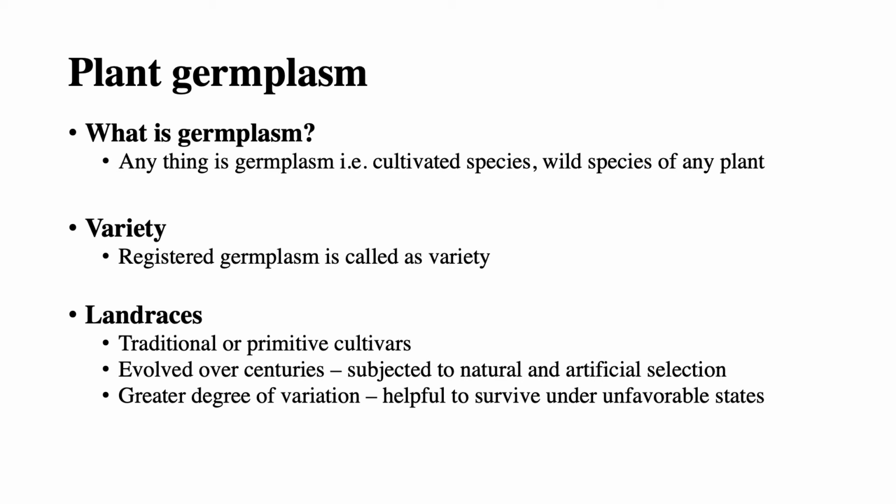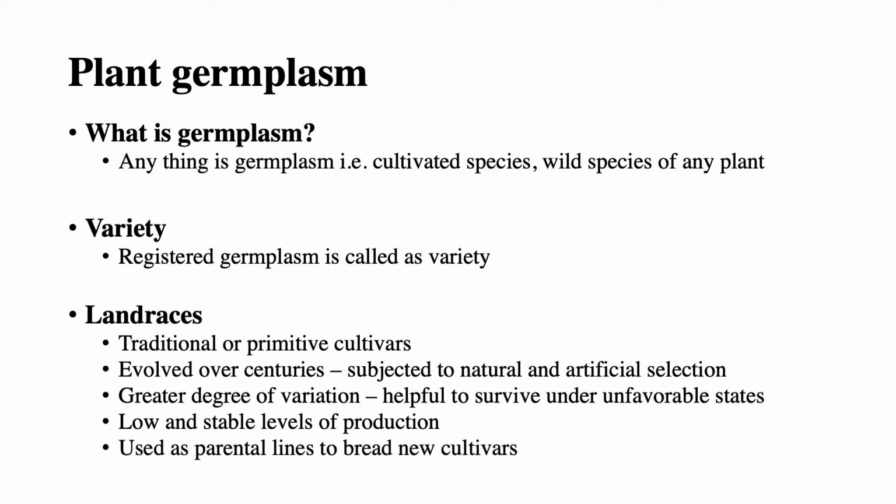In land races, there is a large diversity between and within these cultivars that are adapted to survive in often unfavorable conditions. These land races usually have low but stable levels of production and are therefore characteristic of subsistence agriculture. They have been frequently used as parental lines to breed new cultivars.